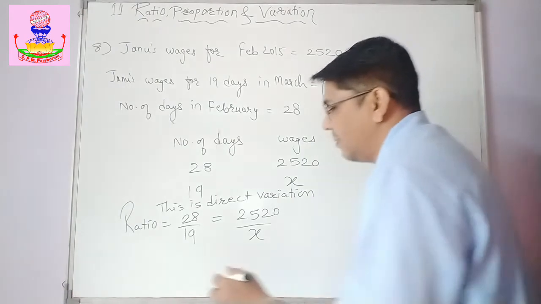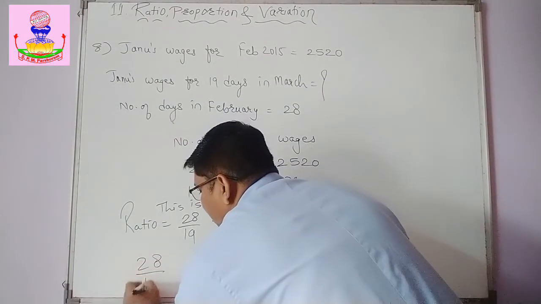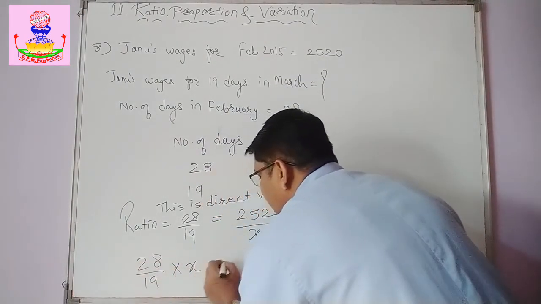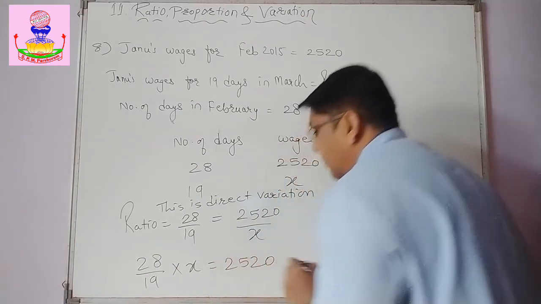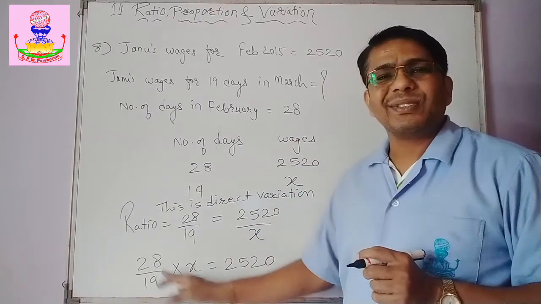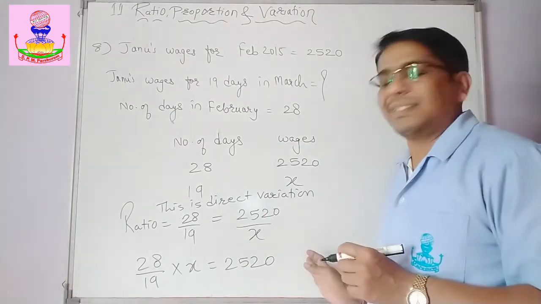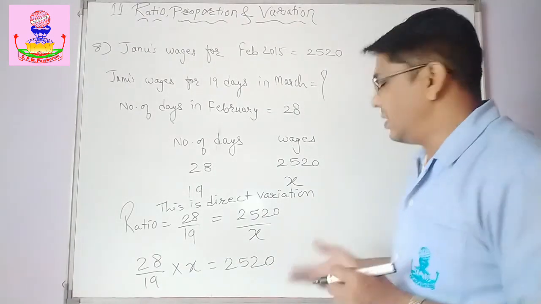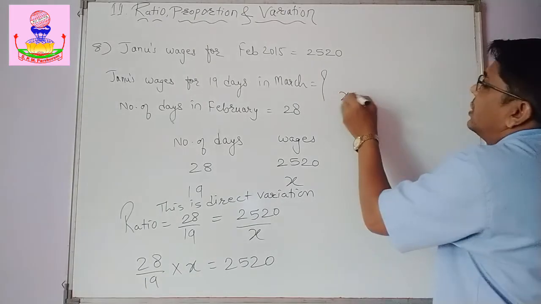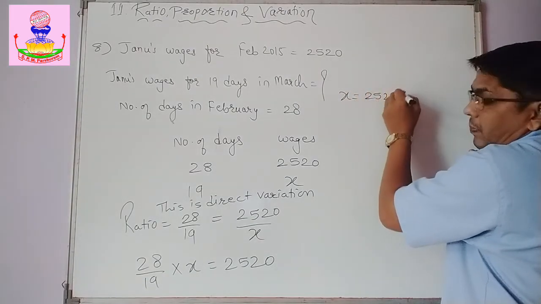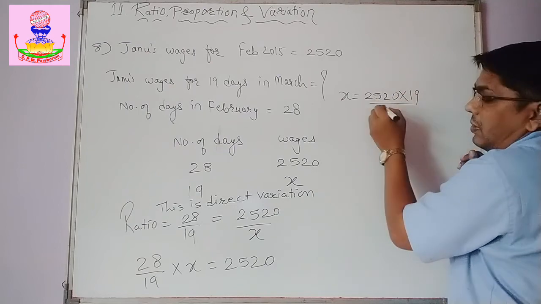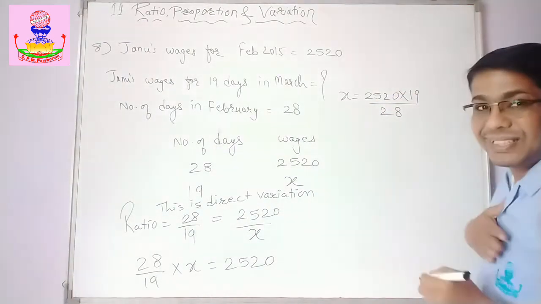Now bring this x to this side, so it will be in multiplication. So 28 upon 19 into x, that is equal to 2520. Now I want to find value of x, so bring these terms to this side. So 19, when it comes to this side, it will be in multiplication, and 28 will be in division. So x is equal to 2520 into 19 upon 28.